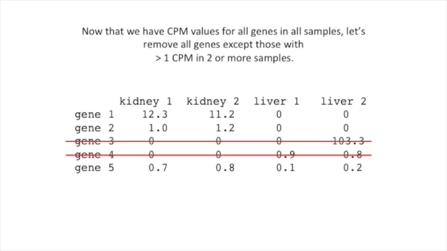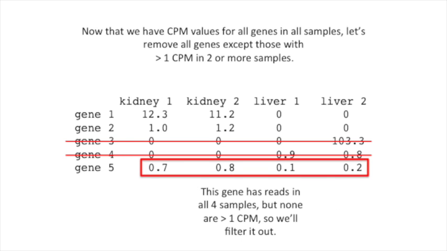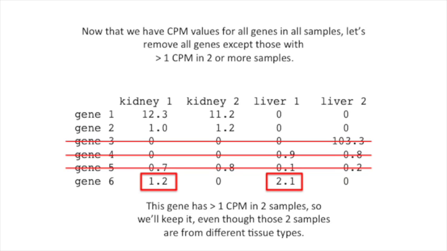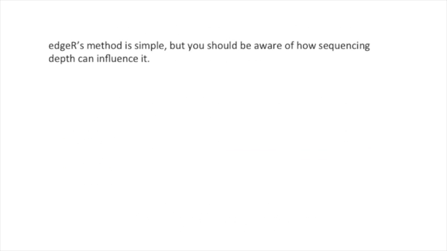Now let's look at gene number 5. This gene has reads in all 4 samples, but none are greater than 1 CPM, so we'll filter it out. Looking at gene 6, this gene has greater than 1 CPM in 2 samples, so we'll keep it, even though those 2 samples are from different tissue types.